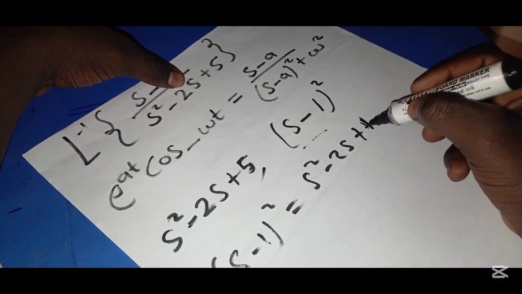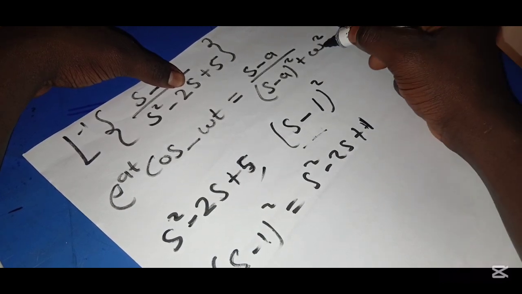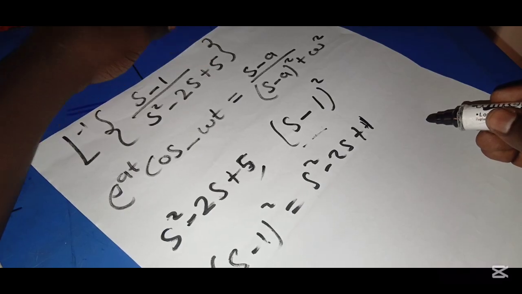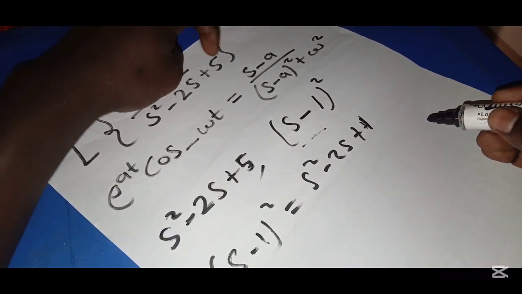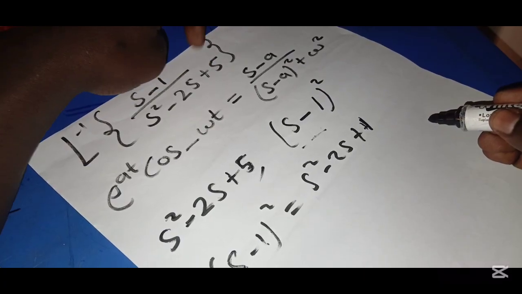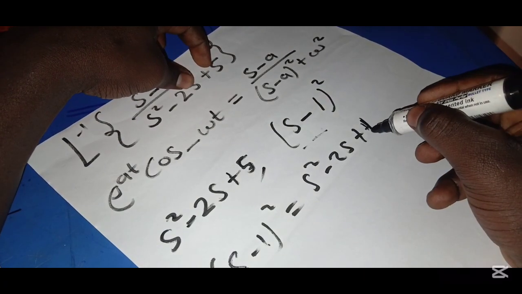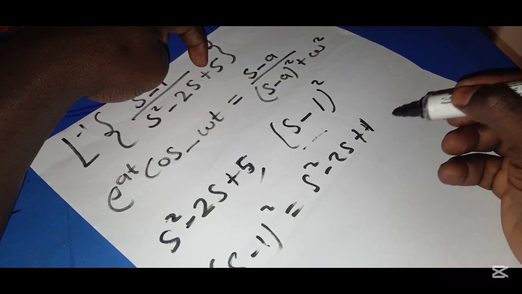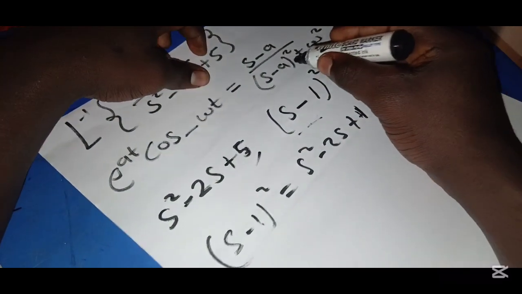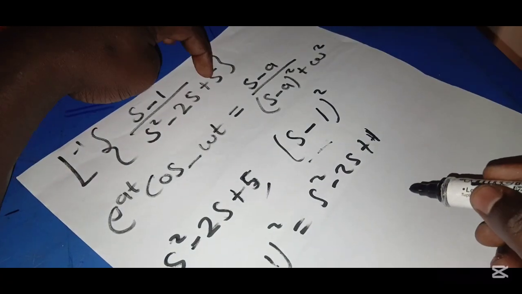So looking at this will tell us that this 5 right here was actually 4, and it is not a minus 4, it is a plus 4, and addition 1 giving us 5. So that is the effect that this term right here, (s minus a) squared, has on this 5, right?